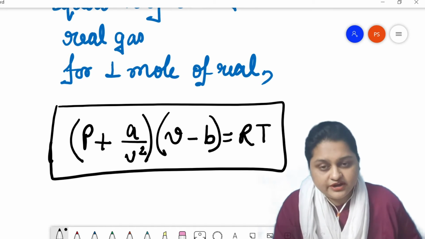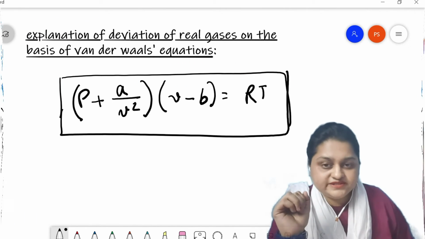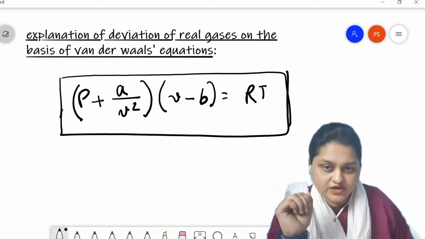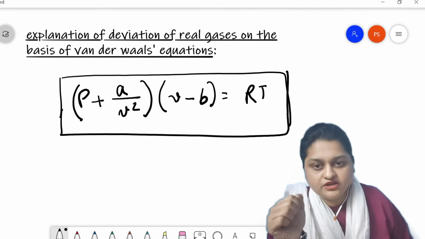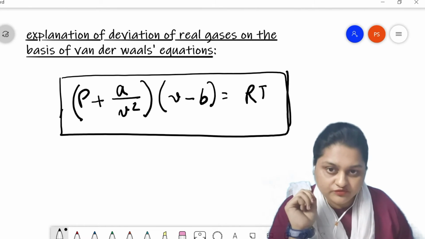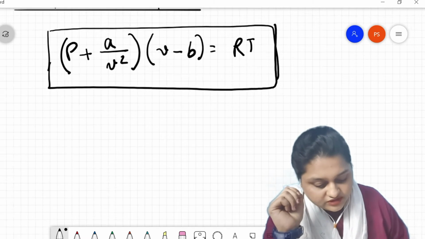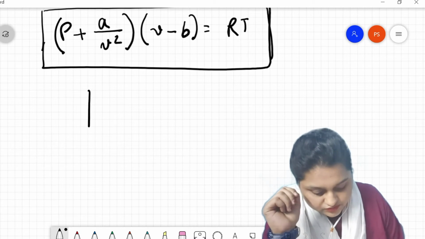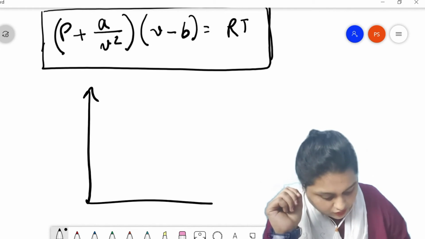Last time we studied the deviation of real gas from ideal behavior with the help of a plot, the PV versus pressure plot.